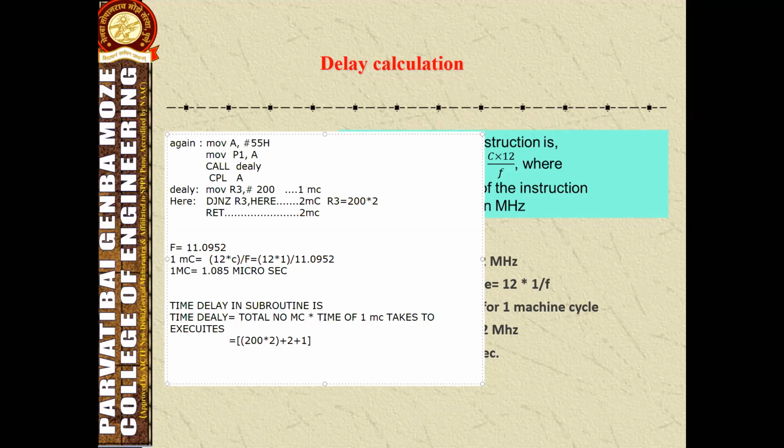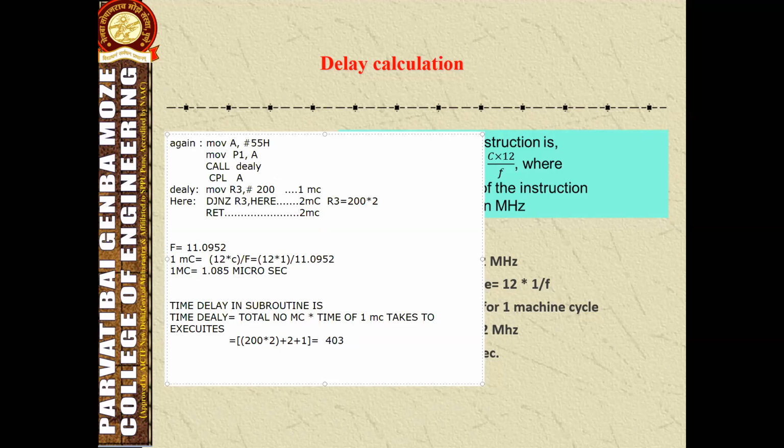So the same instruction will be executed in total 403 machine cycles.